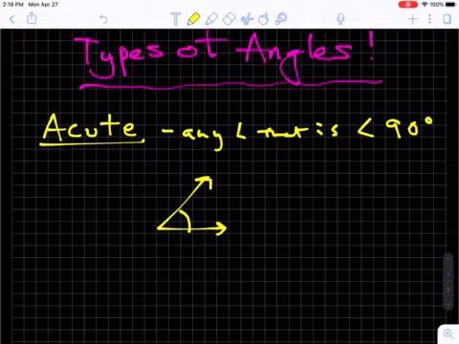And the angle is basically the measurement between two rays that meet at a common endpoint. So right there, you've got this ray and then you've got this ray, and the angle is what is formed between them, and it's that measurement. So an acute angle is any angle that's less than 90 degrees.